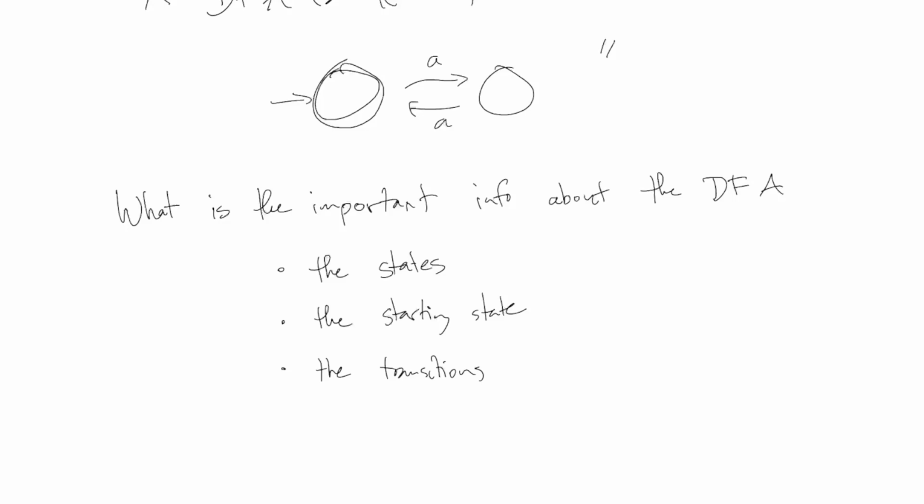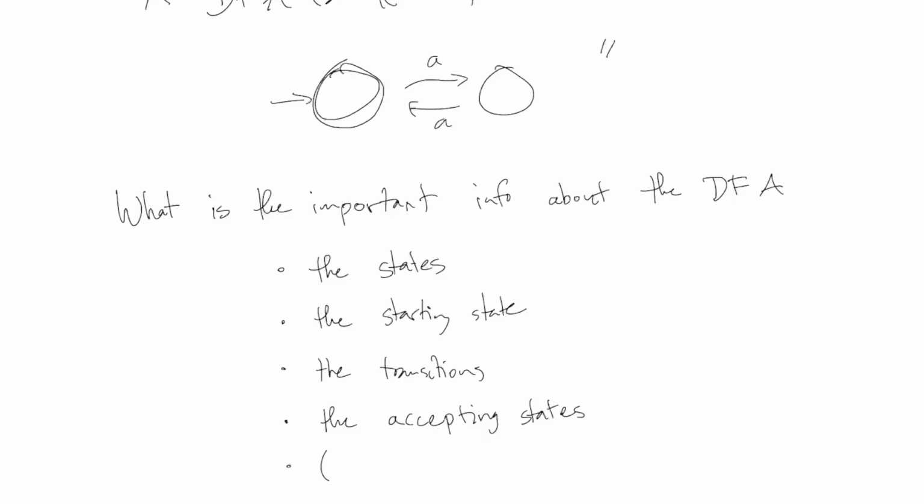What else? There's one other thing that the diagram indicates. The accepting and rejecting states. Right. I will just say the accepting states. Although there are rejecting states also, we just consider everything that's not accepting to be automatically rejecting. The accepting states. Remember, there can be more than one. In this example, there's only one. All right? These are the important information about the DFA. I will just say one more thing that is kind of implicit in these other ones.